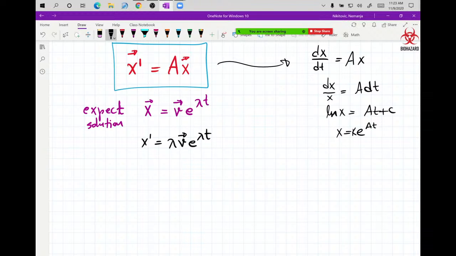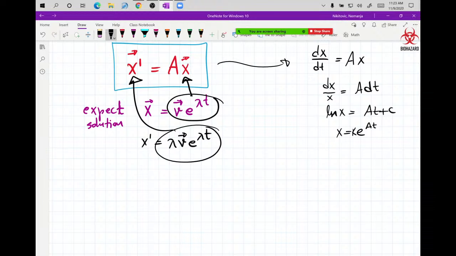And now we can stuff all of that inside our expression up there. So this goes here, this goes there, and we come up with this equation: x prime, lambda v e to the lambda t, is equal to A times v times e to the lambda t.